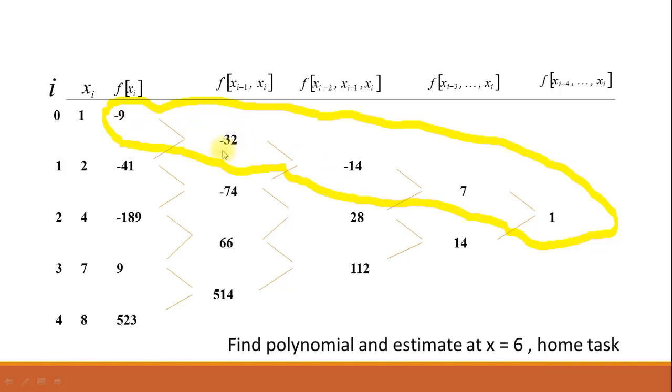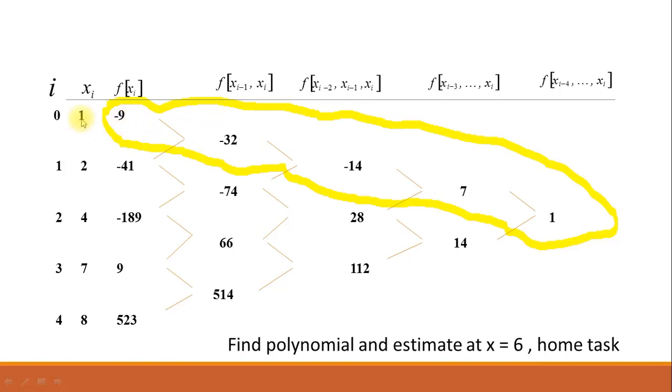To find the first order differences, subtract each consecutive term from this column and subtract each consecutive term from this column, and then divide this difference by this difference. For example, subtract minus 9 from minus 41 and subtract 1 from 2, and then divide the two differences.